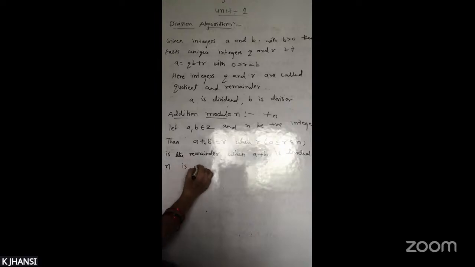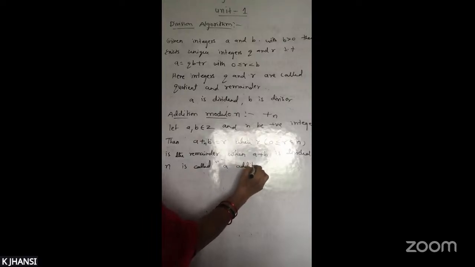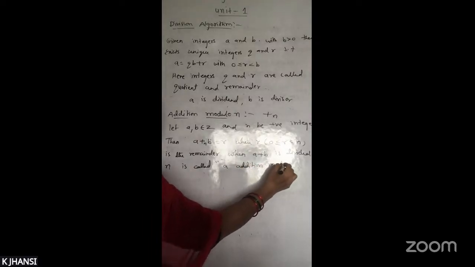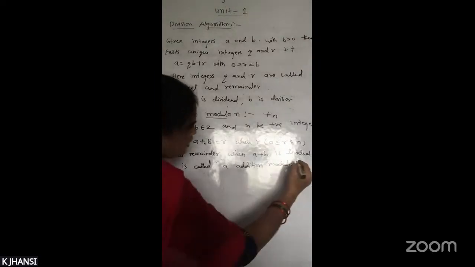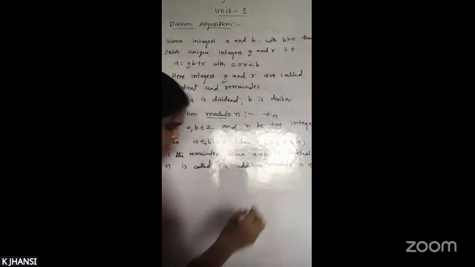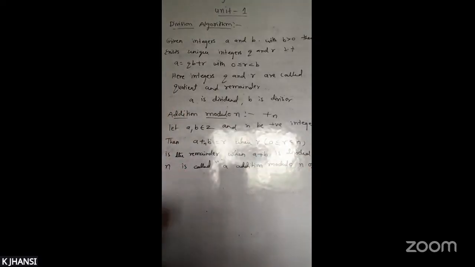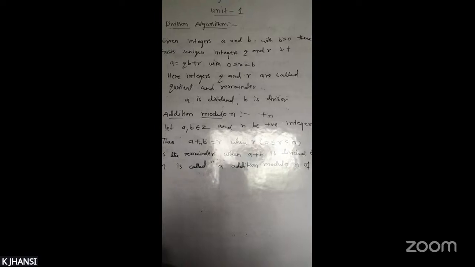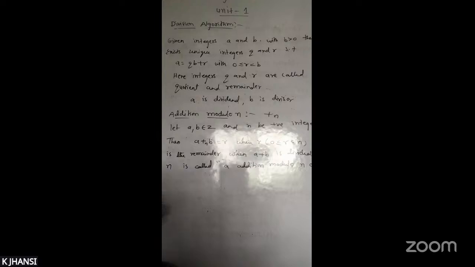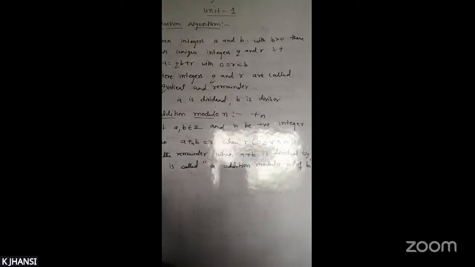This is called the addition modulo n of a and b.